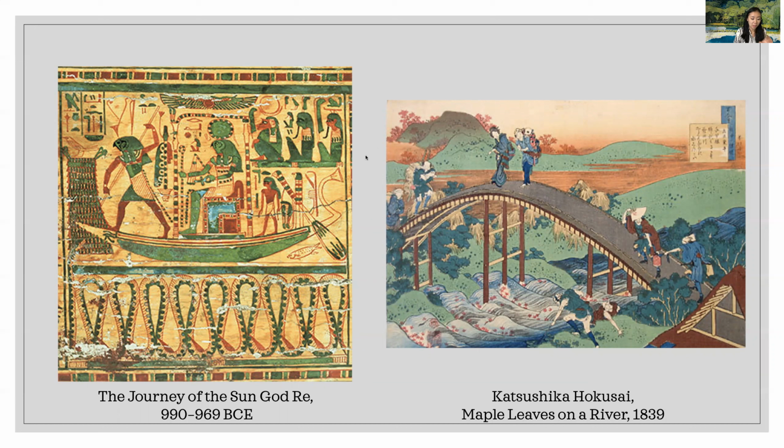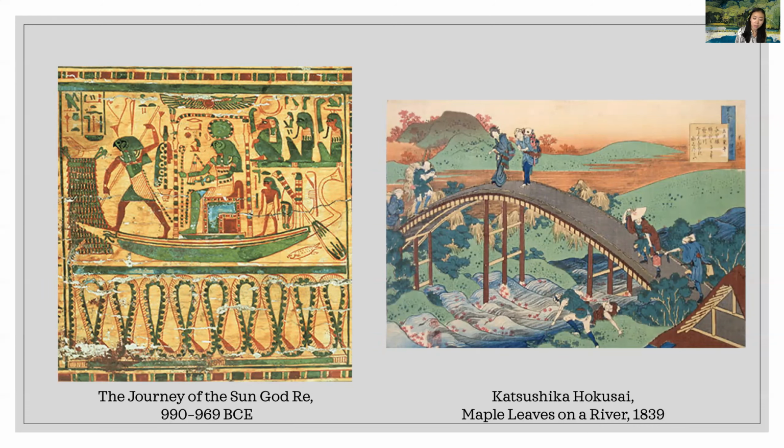And the left one is the Egyptian mural, the journey of the sun god Ra. This painting depicts the Nile River. Ancient Egyptians believed there was a god to control the river, which made fertile soil to grow their crops. So sometimes art can be different by subject matter, even though artists depict the same objects as in these two paintings.